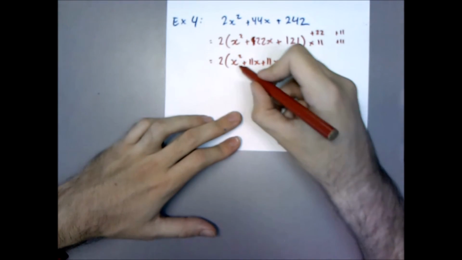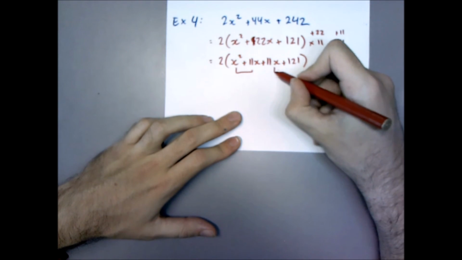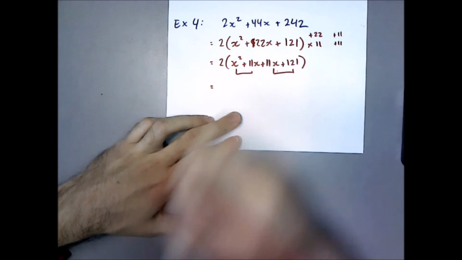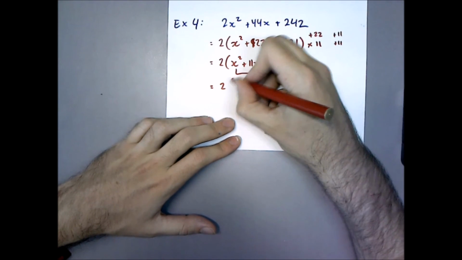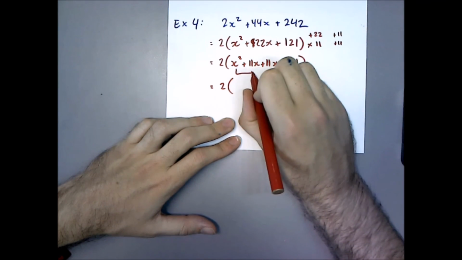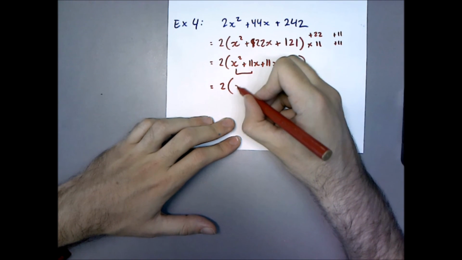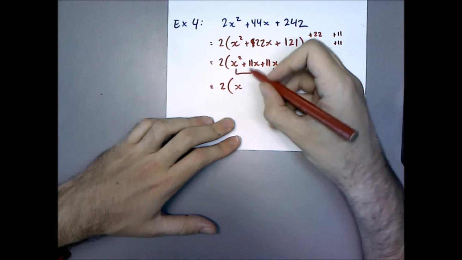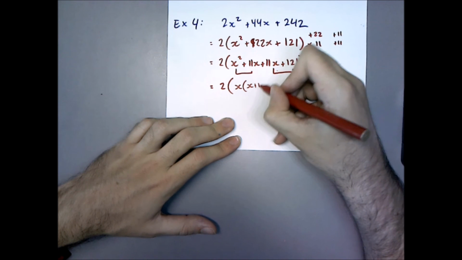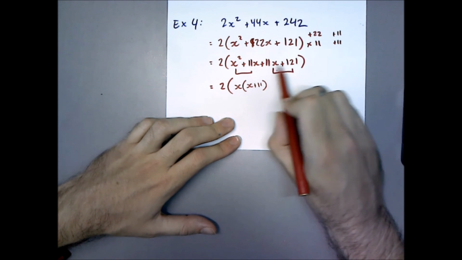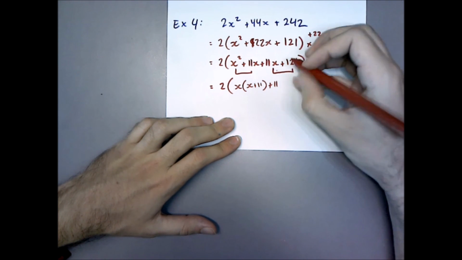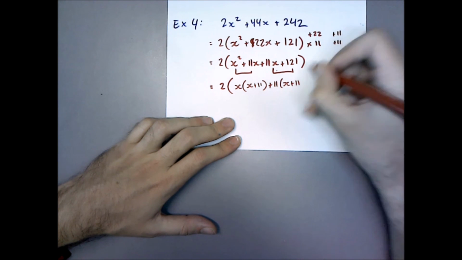And then I'm going to pair by grouping again. So I'm going to group these guys and these guys. When I do that, I'm going to factorize the x out of this first pair. So it's going to be x plus 11. And I'm going to take 11 out of these guys. So plus 11, x plus 11.